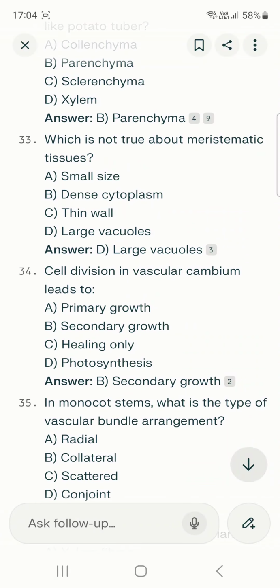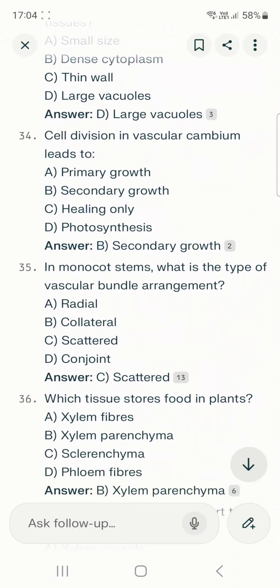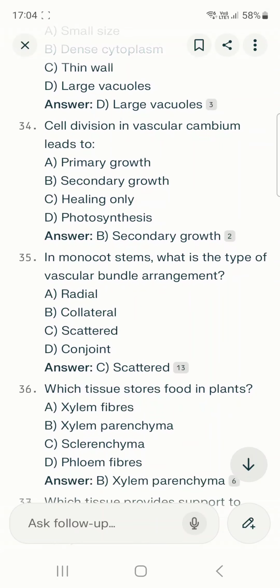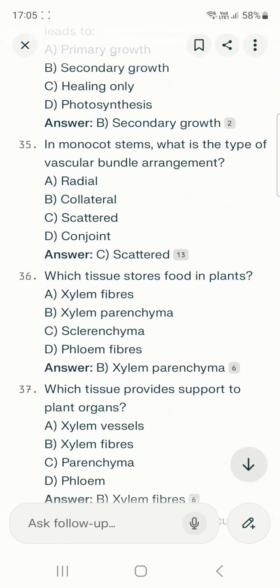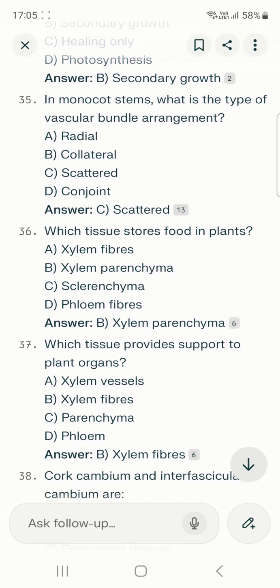In monocot stems, what is the type of vascular bundle arrangement? The answer is scattered. Which tissue stores food in plants? And the answer is xylem parenchyma. Which tissue provides support to plant organs? And the answer is xylem fibers. Next question.